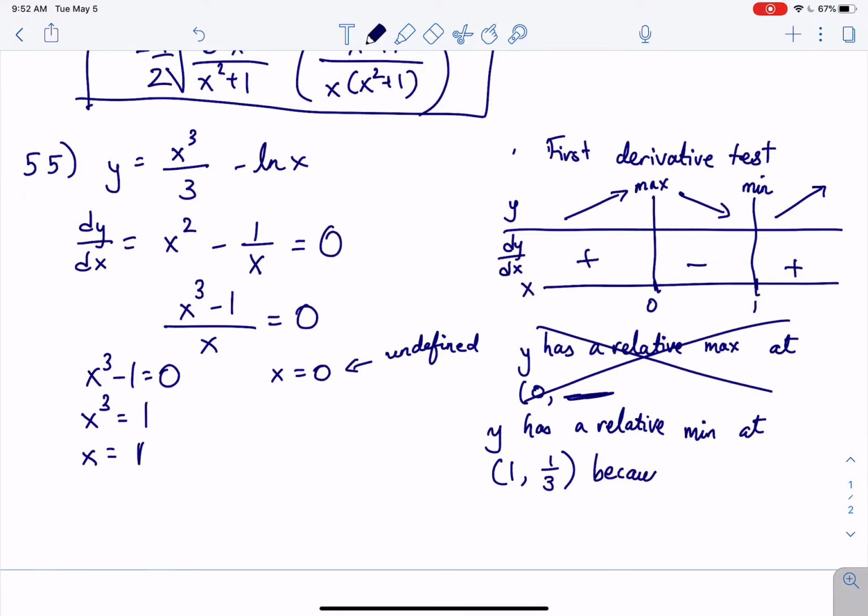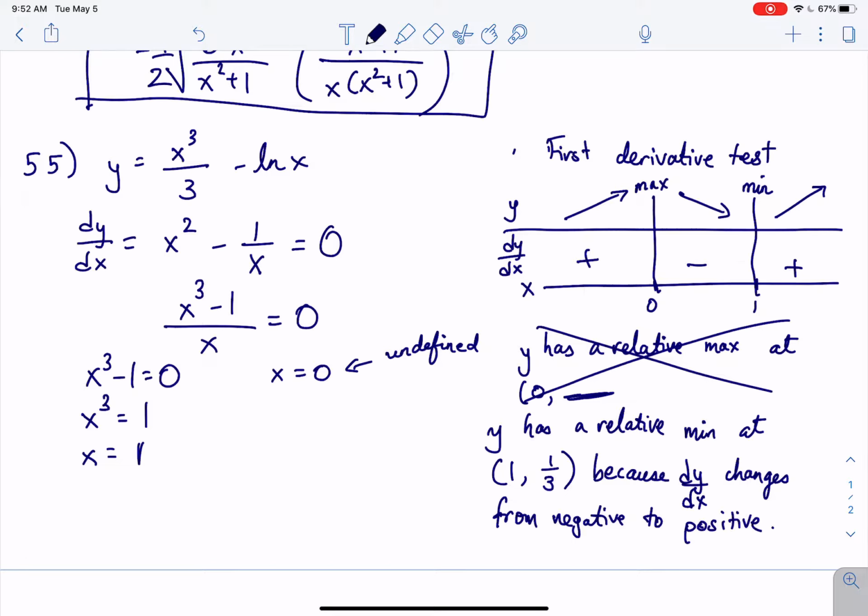Because dy/dx changes from negative to positive.